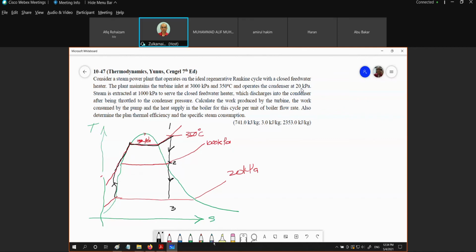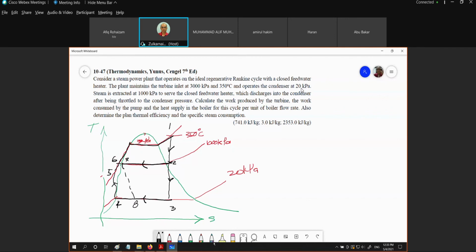Okay. And this is the bled extracted steam. And this is our throttling process. This is our condensation process. So this is 3 to 4, 4 to 5, and then 5 to 6. And then this is 7, and this is 8.